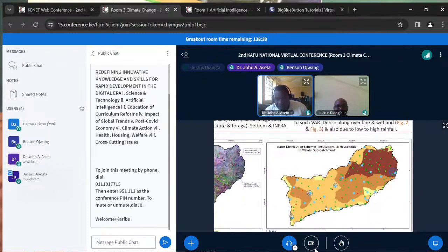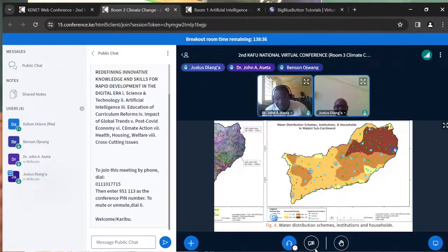Oh, that is fine. I must have missed it. Yes, it is due to the concentration of demand. Household. Rainwater harvesting capacity?